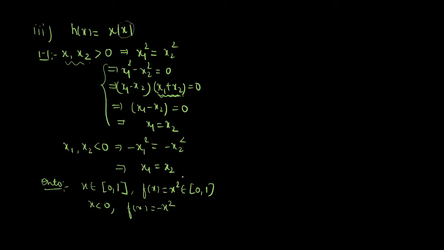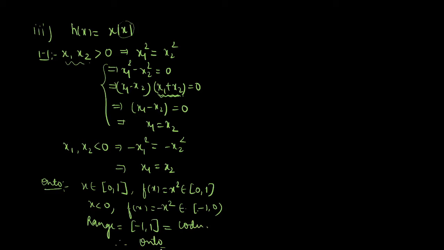But here also it will belong to minus 1 to 0. So that means I can take the range of my function as minus 1 to 1, which is equal to the codomain. So my range of the function is minus 1 to 1, which is equal to the codomain. So therefore it is an onto function.